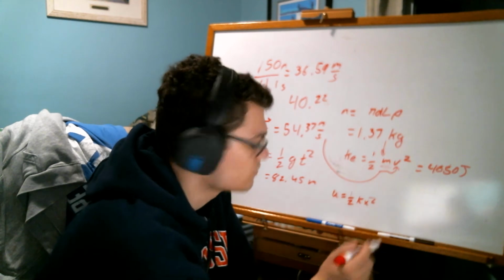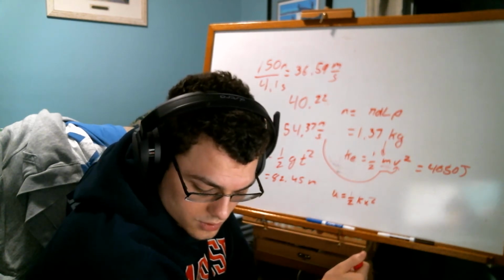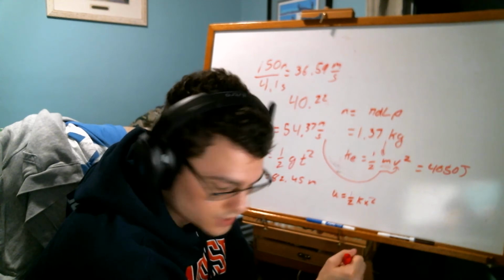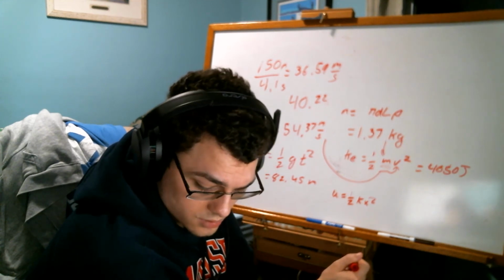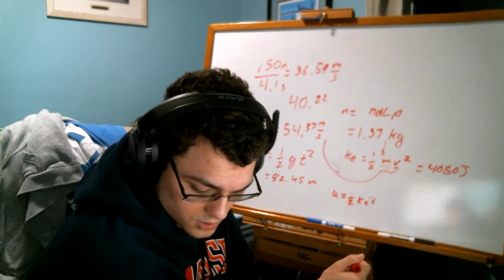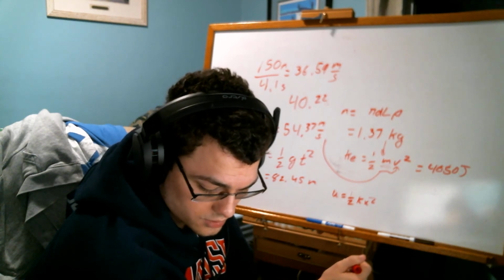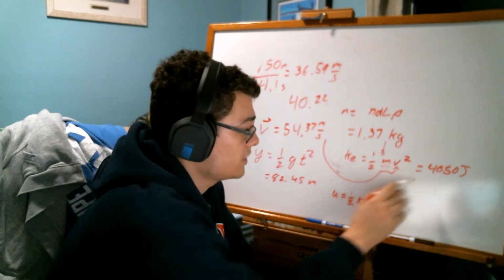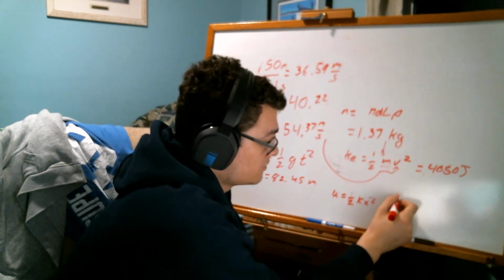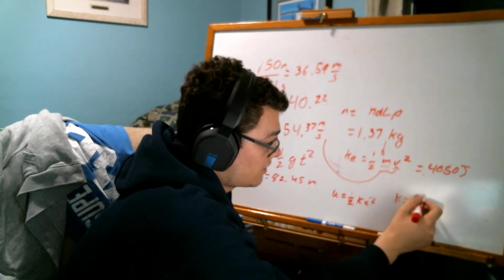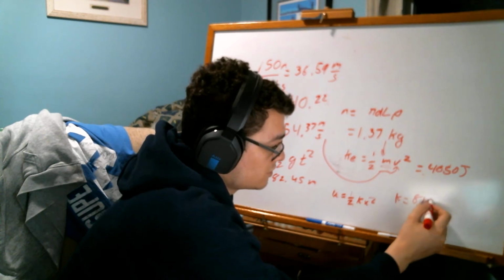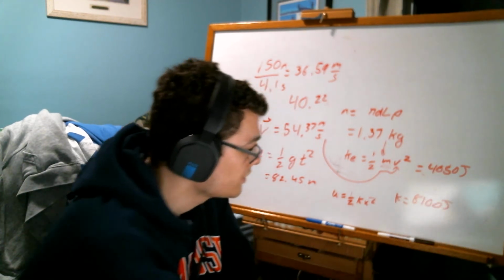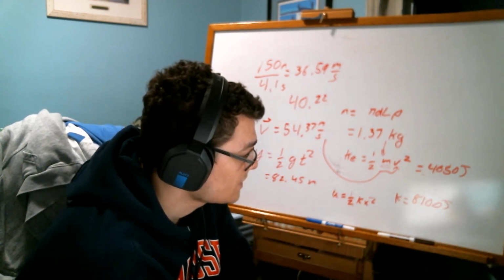You set this equal to this, and I think I halved it by accident. Oh, yikes. Okay, so you just multiply the 2 to the other side, and that gives you K is equal to like 8,100 joules of energy.